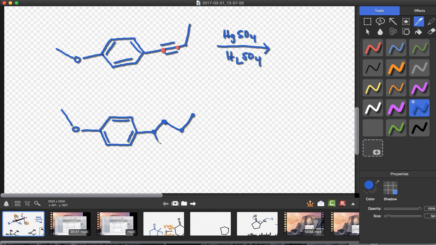I can either make the carbonyl here or on the second carbon. Two products.